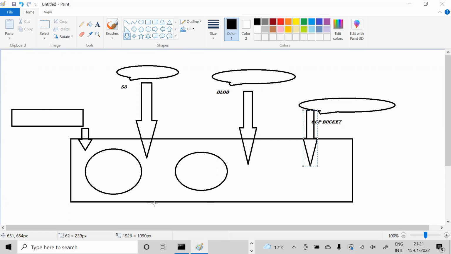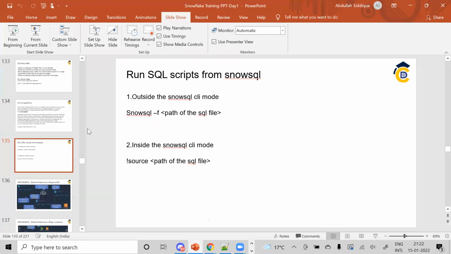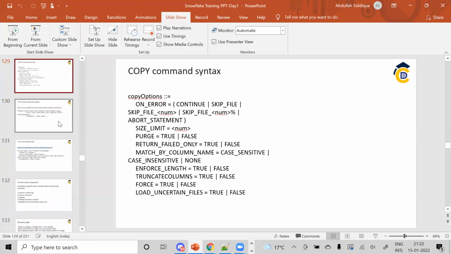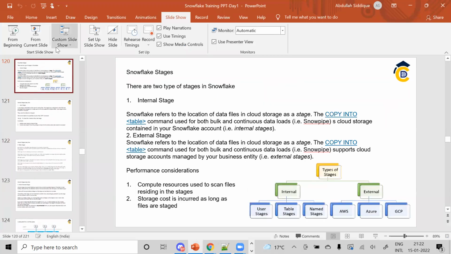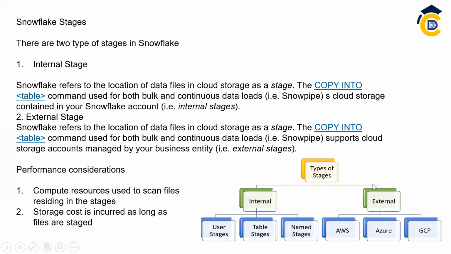The copy command remains the same as we did for the local file system. The only change here is the stage. The stage that the files come into before getting loaded is called an external stage. So you remember we have 2 kinds of stages, internal and external.